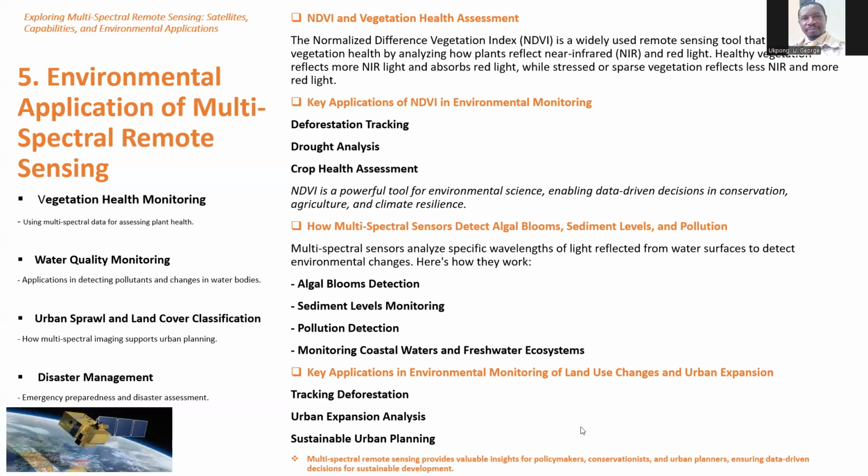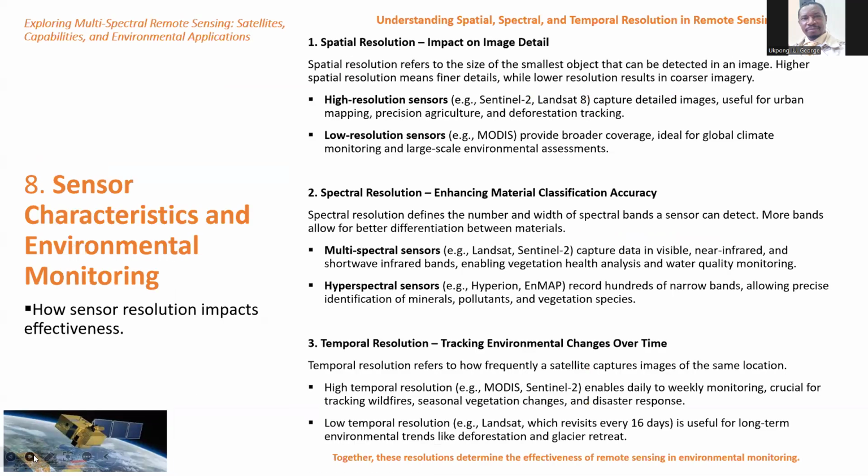It is also applied in tracking deforestation, urban expansion analysis, and sustainable urban planning. Multispectral remote sensing provides valuable insights for policymakers, conservationists, and urban planners, ensuring that data-driven decisions for sustainable development are being taken as and when due.